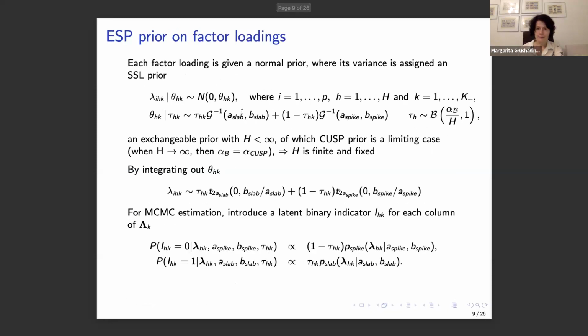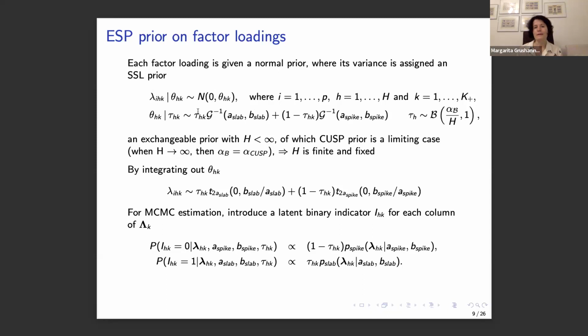And for the prior which we use to derive the number of factors, we assign the normal prior to the elements of the factor loading matrix, and then we assign a spike and slab prior, almost exactly like in the case of the cumulative shrinkage process prior.